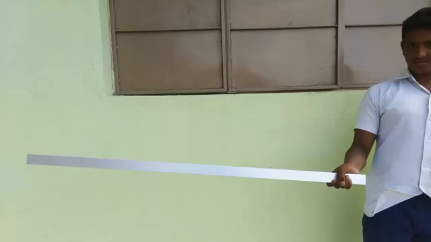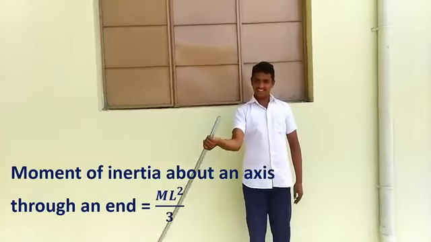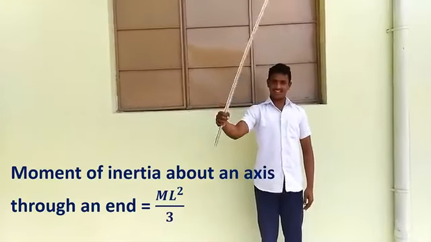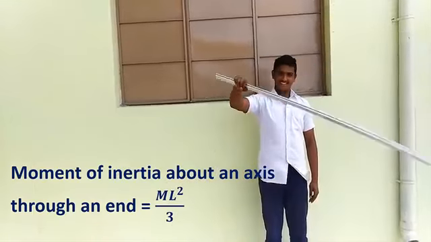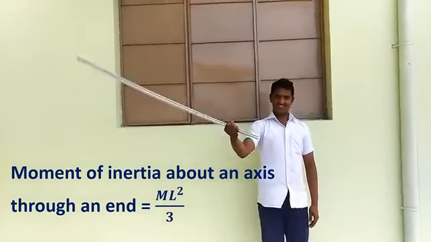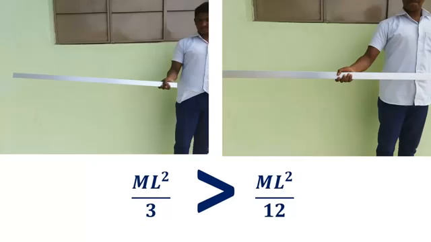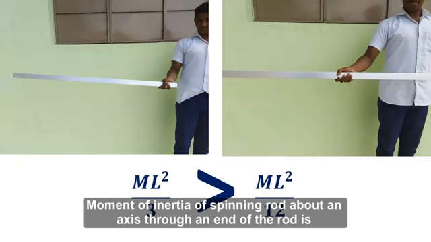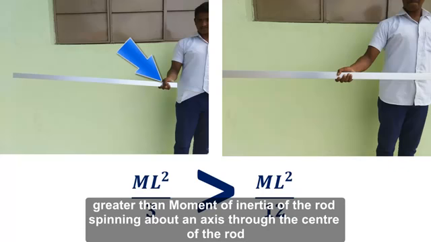The formula to calculate the moment of inertia about an axis through an end is ml²/3. ml²/3 is greater than ml²/12 for a given rod. Therefore, the moment of inertia of a rod spinning about an axis through its end is greater than the moment of inertia of a rod spinning about an axis through its center.